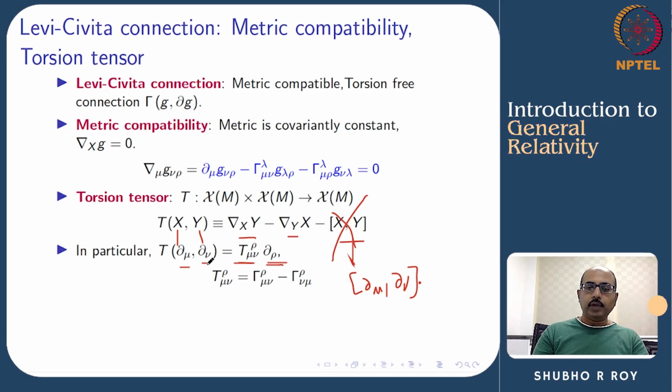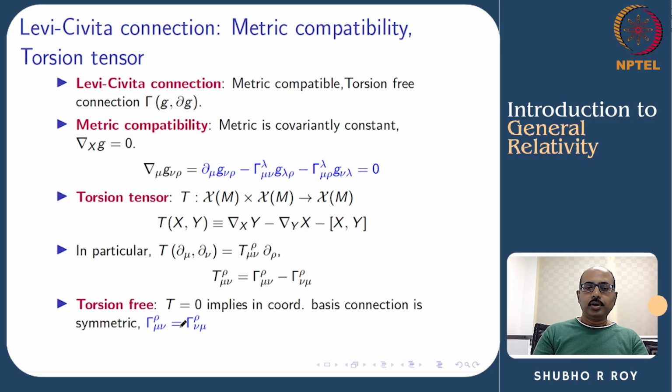So if we use the coordinate basis elements, then T is just the difference between the affine connection and its lower indices swapped version. The torsion-free condition means this T must vanish, in which case the affine connection is symmetric under swap of the lower two indices: gamma rho mu nu equals gamma rho nu mu.